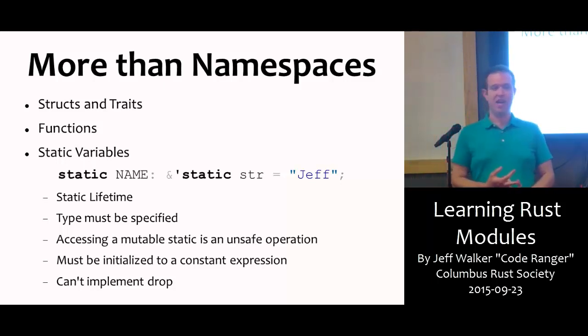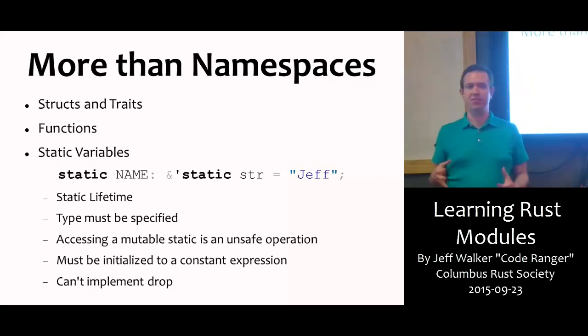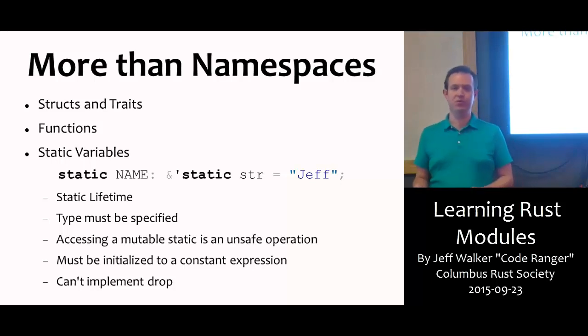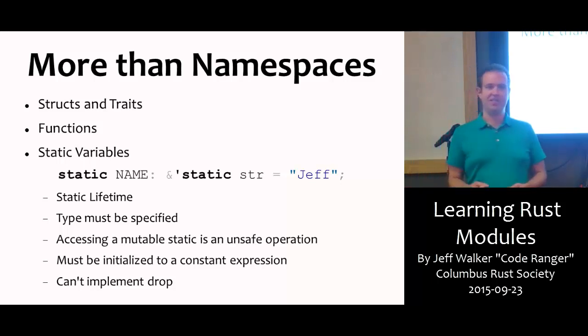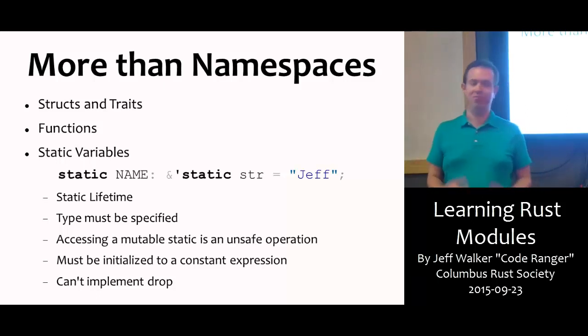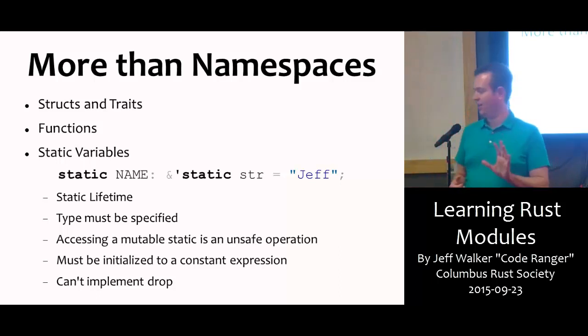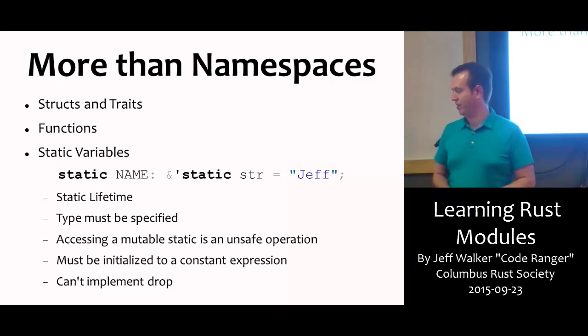Accessing a mutable static is an unsafe operation, so you're going to have to think about using some kind of locking mechanism. The reason for that is the compiler cannot prove that you're not accessing that static from multiple threads, right? So from its perspective, there could be a problem there. Maybe there's not, depending on how you use it, but you're going to have to tell the compiler, I know it's unsafe, I'm going to deal with that.